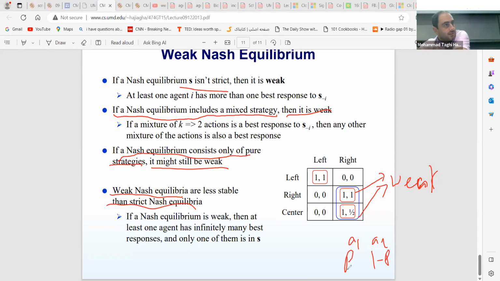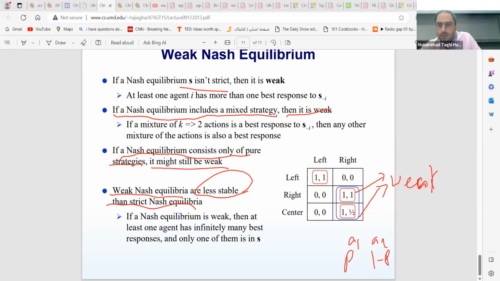So this person, among an infinite number of them, has chosen this one, but may easily change to the other one because he or she has the same payoff. Maybe there are some other considerations for changing. So of course that means they are much less stable, and that makes a weak Nash equilibrium less of a settlement compared to a strong Nash equilibrium.